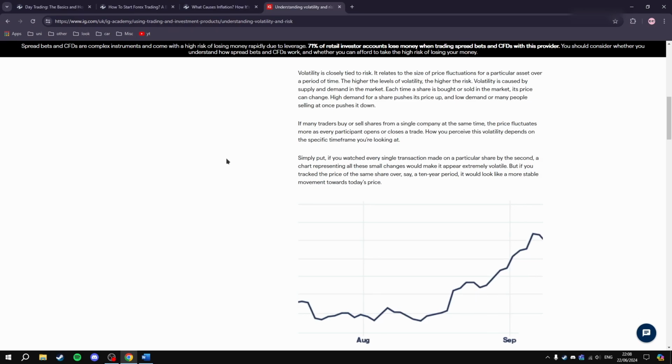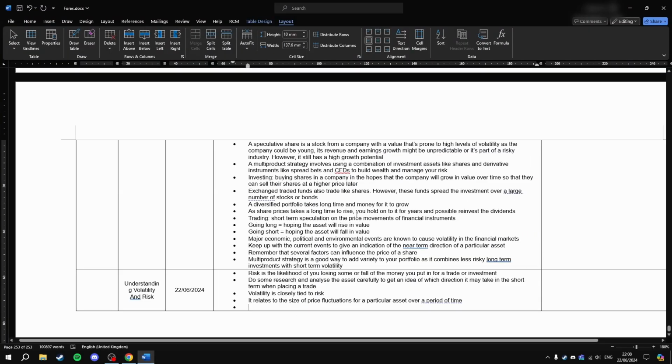The higher the levels of volatility, the higher the risk.